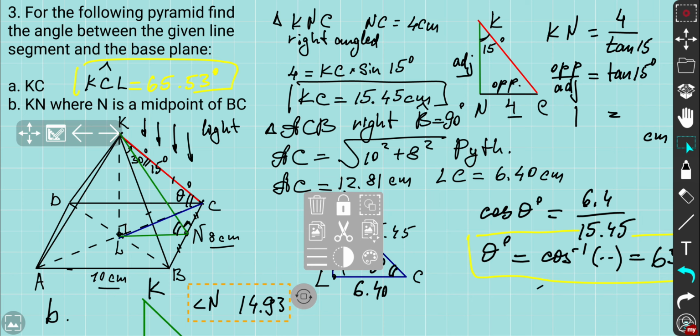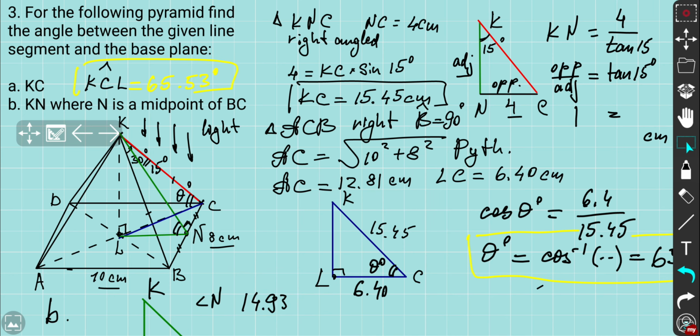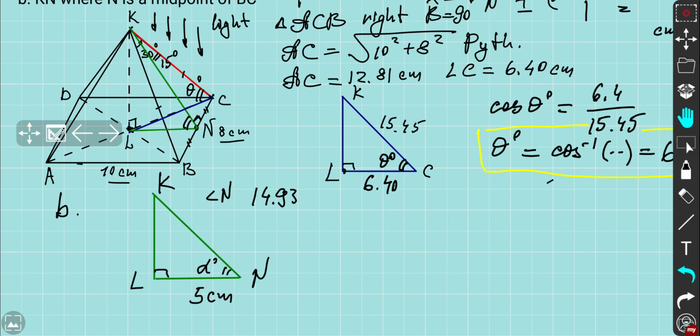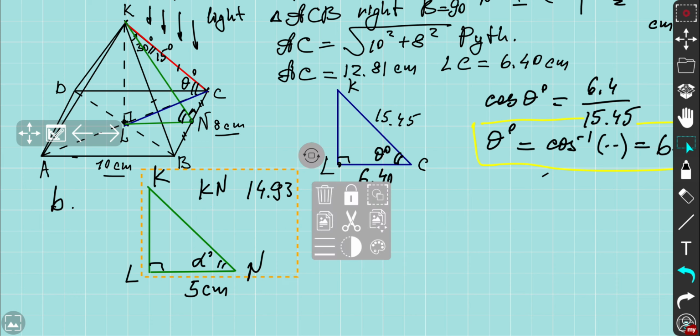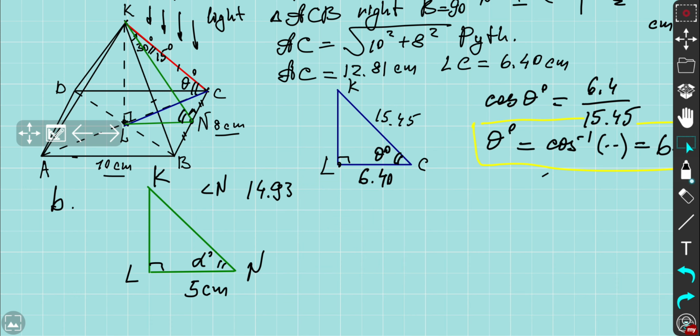Okay, we just go down. Interesting working of the software. I've never seen that before. Okay, so we know KN. It's a height. So we know the adjacent side to the angle alpha. How to find the angle?